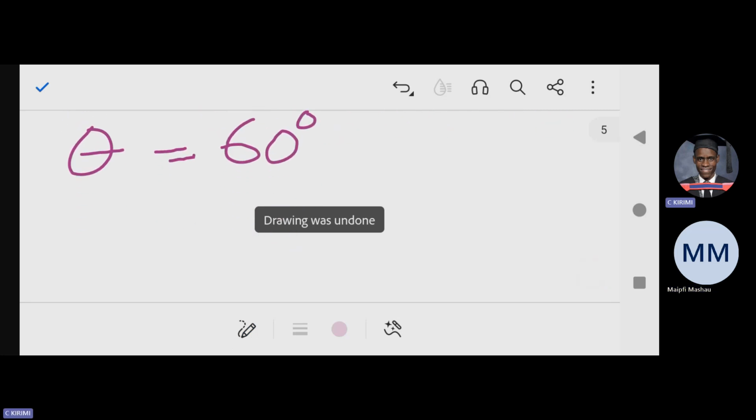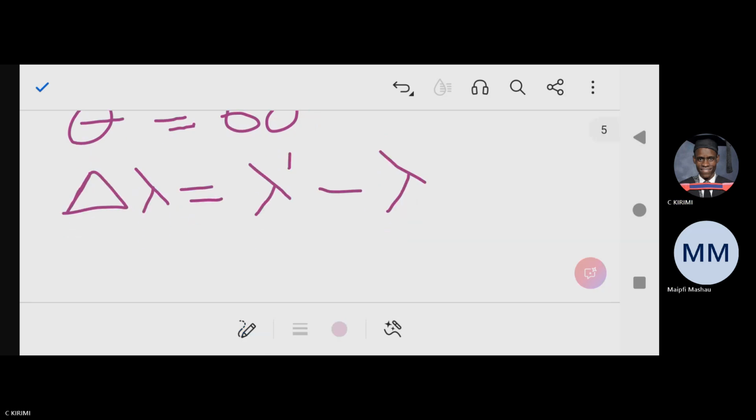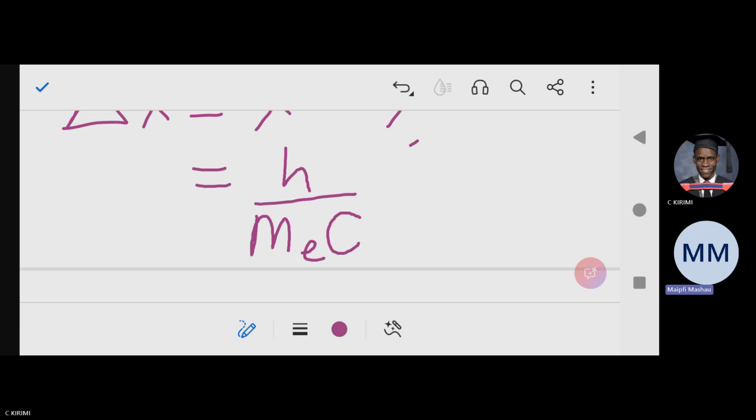The Compton formula: the change in wavelength is always the final, scattered wavelength of the photon minus the initial wavelength of the photon. Then you punch in h over the mass of the electron multiplied by the speed of light, times bracket 1 minus cos theta.